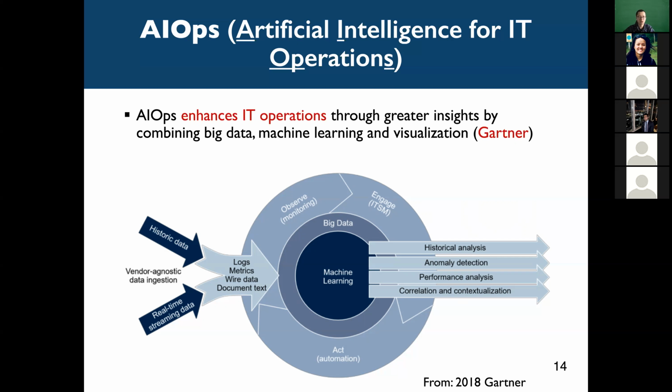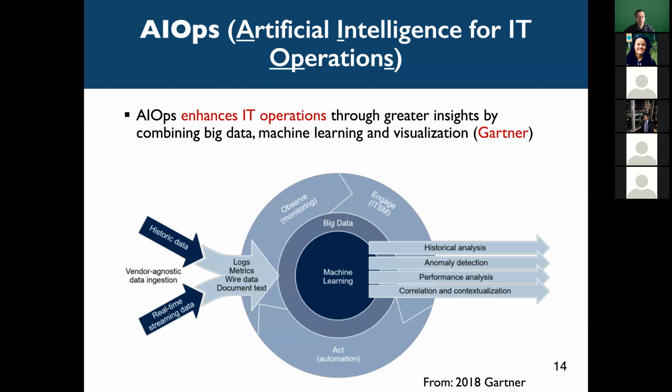What are the outputs? The outputs are the activities or tasks during IT operations. These tasks include historical analysis, so we want to understand what happens in the operations. We want to understand user usage patterns, how users use this web service.